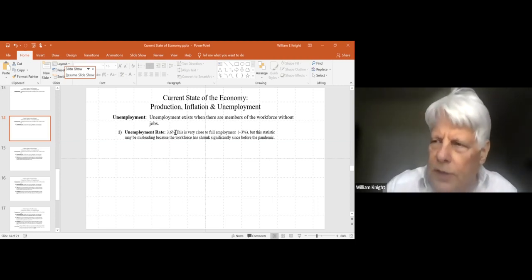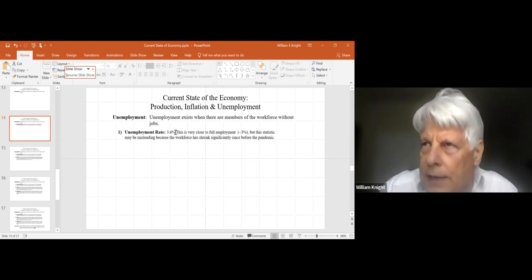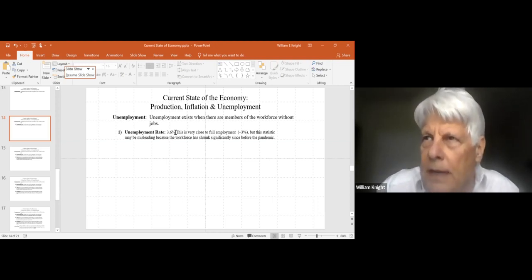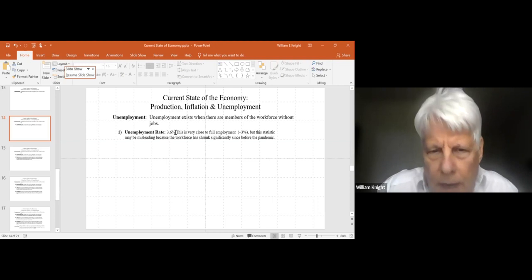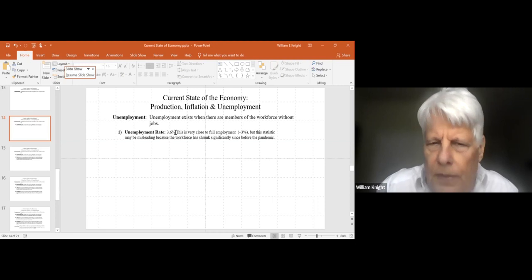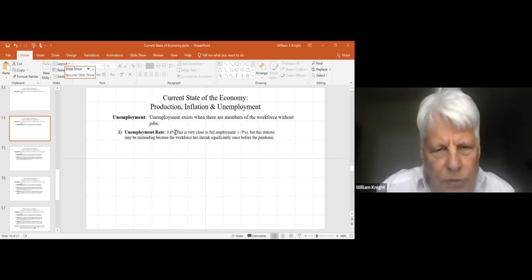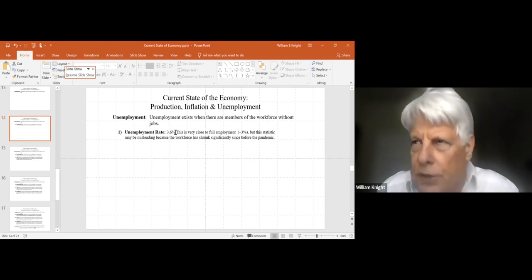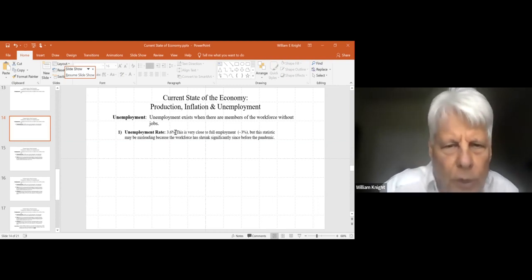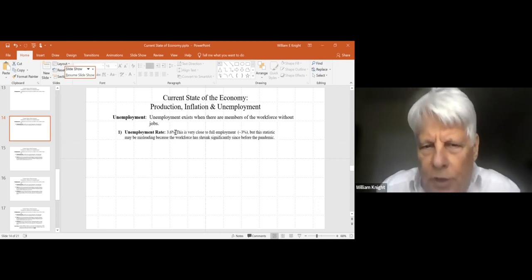So the point is that we haven't seen the economy stagnating as of yet. The rate of growth of the GDP has gone down, but the unemployment rate hasn't spiked up as yet. Now, in the 70s, when we were experiencing that leftward shifting aggregate supply curve, we had double-digit inflation and double-digit unemployment.